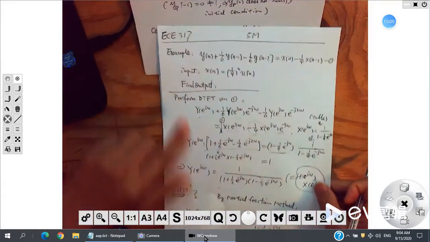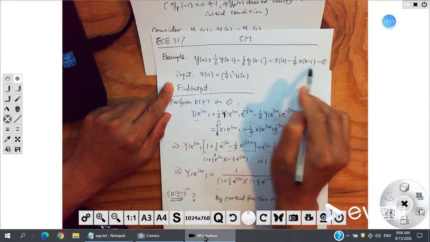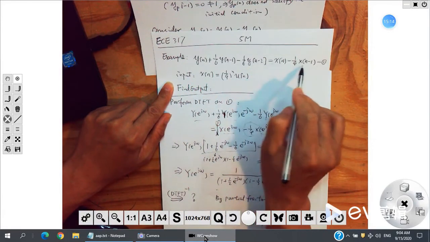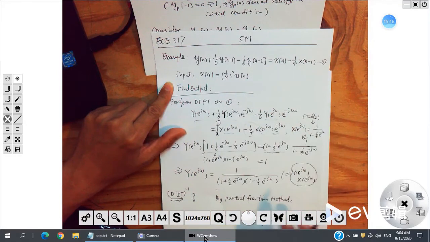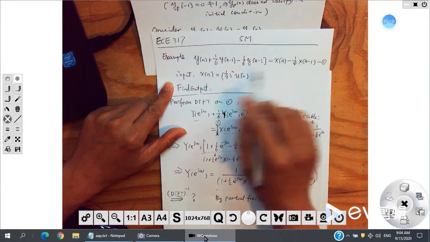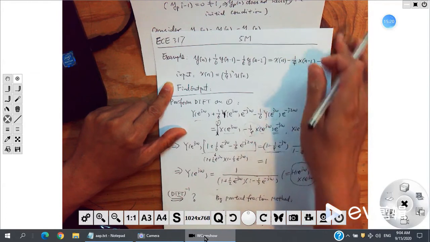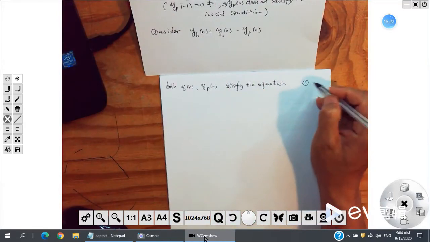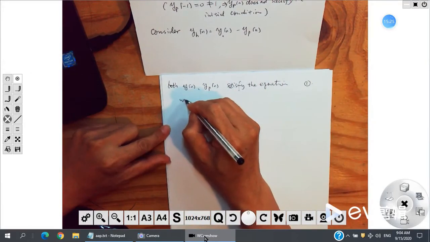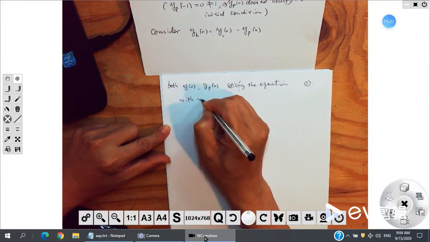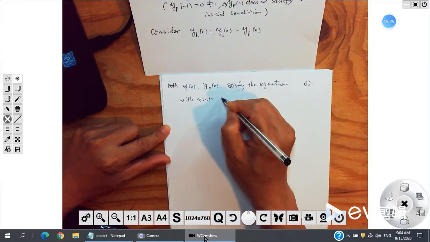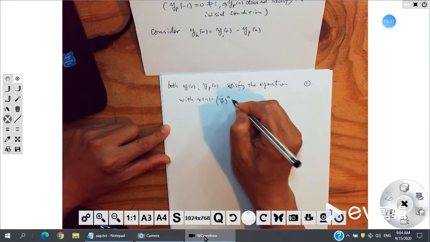Equation 1: y is a solution of equation 1, and yp is also a solution, we solved it, right? yp satisfies equation 1 with x of n equal to 1/4 to the n times u of n.